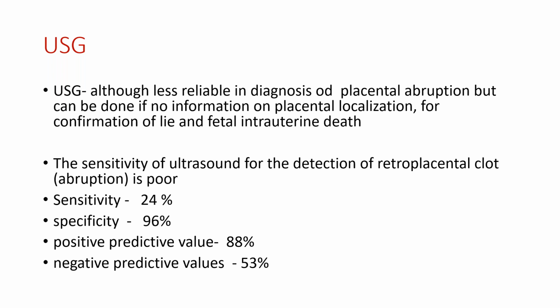That's why USG is less reliable in diagnosis. If you see the overall sensitivity and specificity of ultrasound in abruption, the sensitivity is only 24%, specificity 96%, PPV, positive predictive value, is 88%, and negative predictive value is 53%.